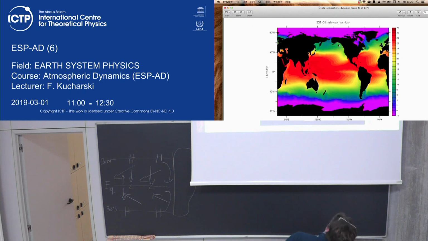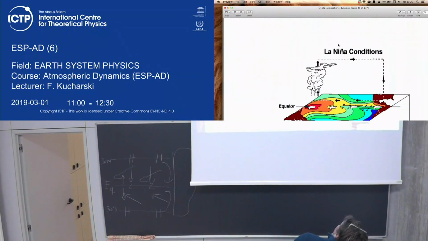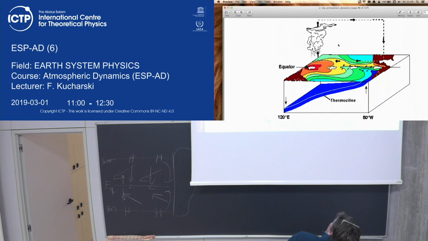And then you can imagine, in a schematic, how this looks in the ocean and the atmosphere. A nice schematic is this, that you also find everywhere on the web. So the ocean is essentially driven by the trade winds to move from the surface layers from the east to the west.